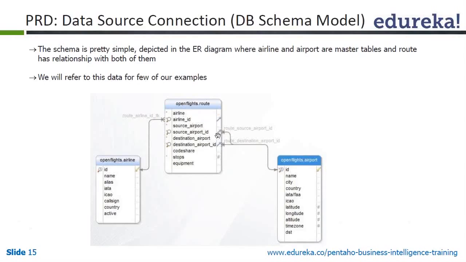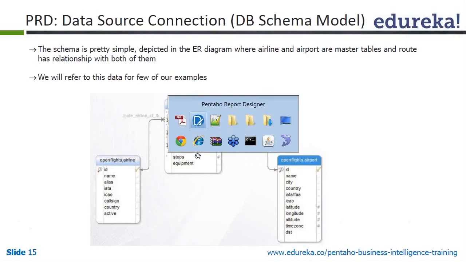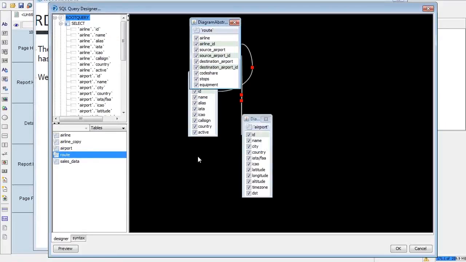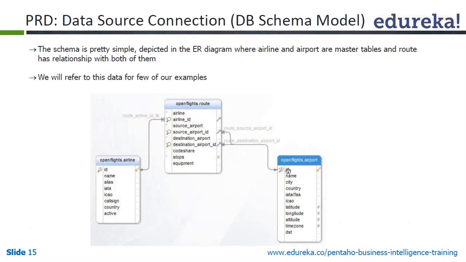And that particular route will have airports linked, so that airport ID will also be there. And then airport in turn has a source as well as destination. So that's why there are two foreign keys.